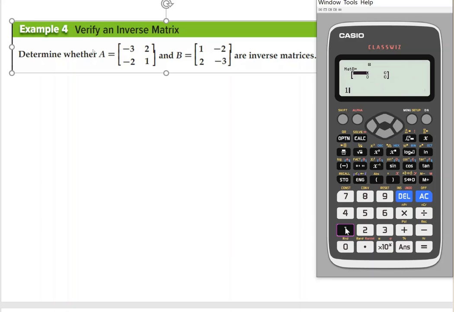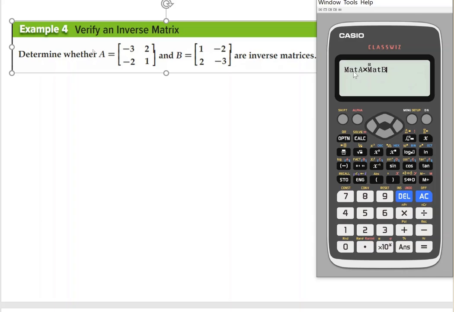So 1, minus 2, 2 and minus 3. So I've set up my matrices, and now I'm going to do my calculation, which is number 3. So option again. So this time I'm going to do 3 multiplied, so that's A times B. So option, a matrix B is 4.